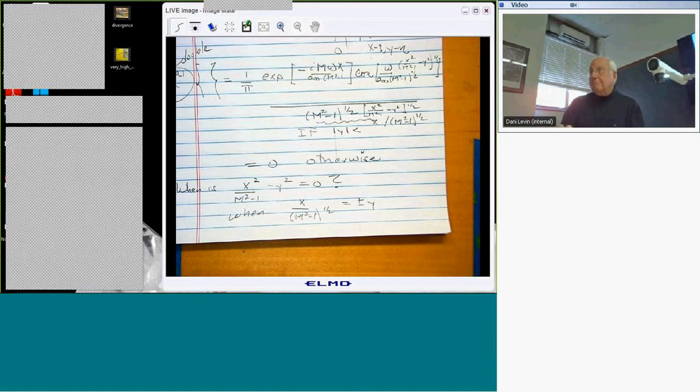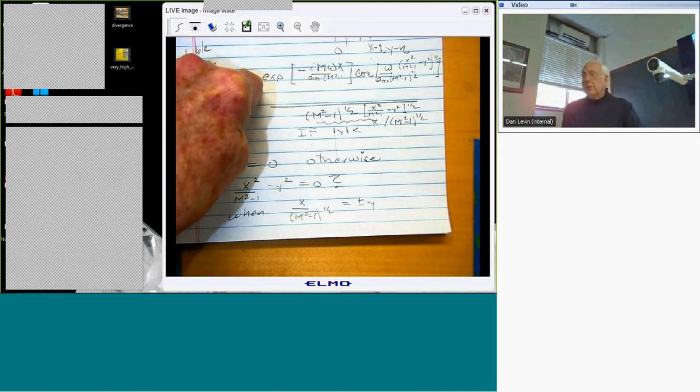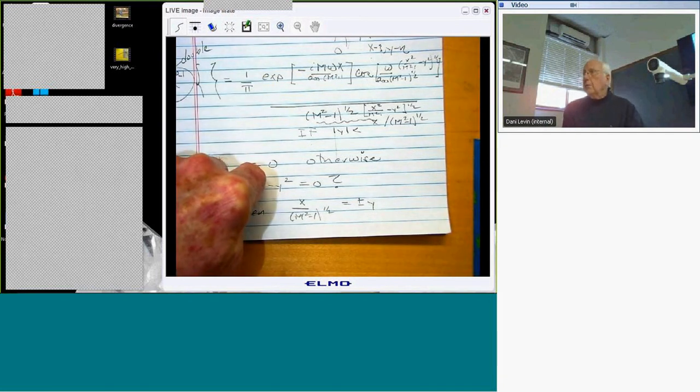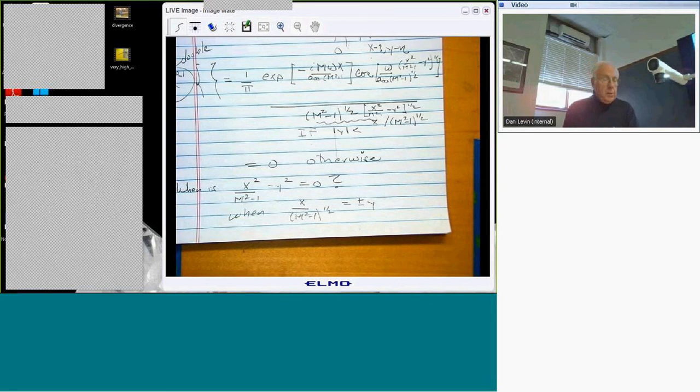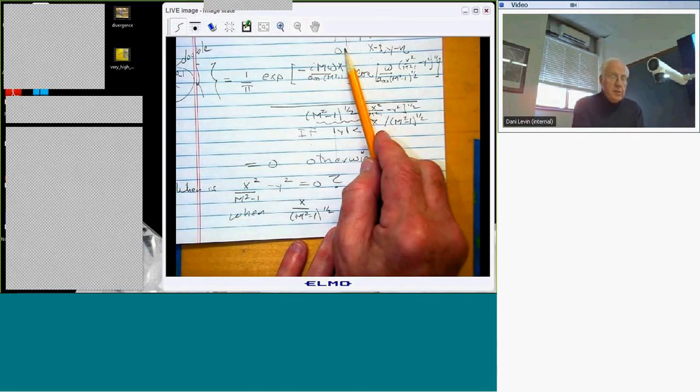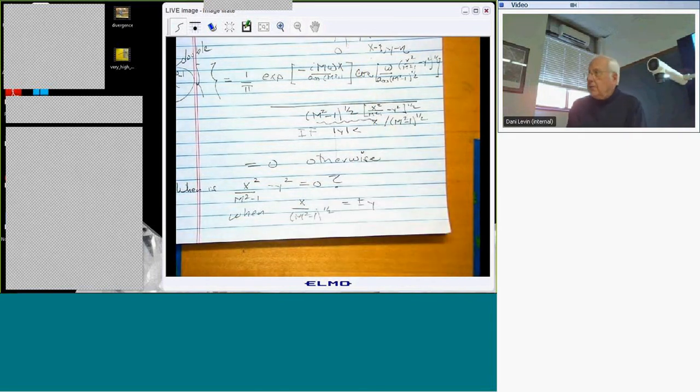So along the Mach line, this factor goes to 0. But that's also the boundary between when this function is something and when it's 0. And that determines the limits on this integral with respect to eta, as it turns out. So I'll draw you a picture.